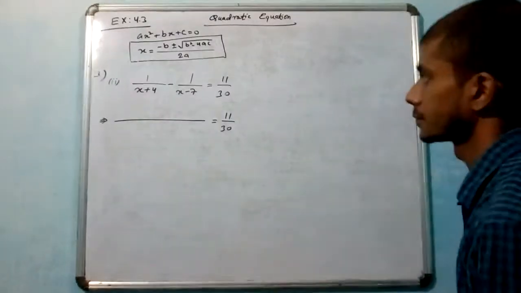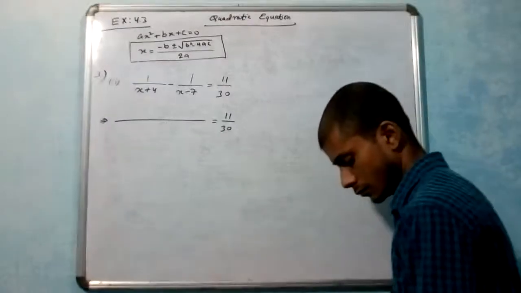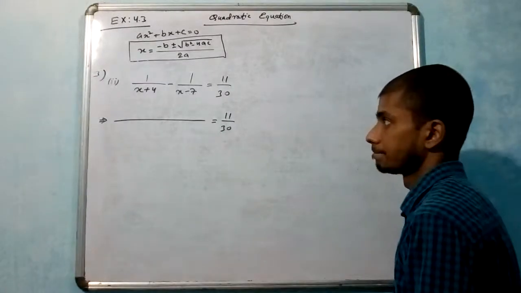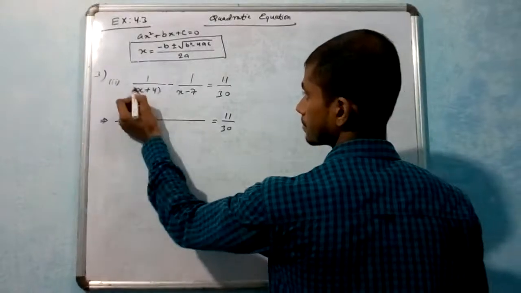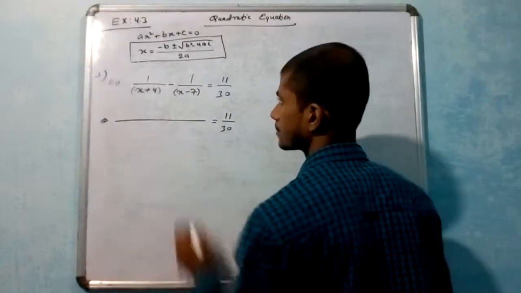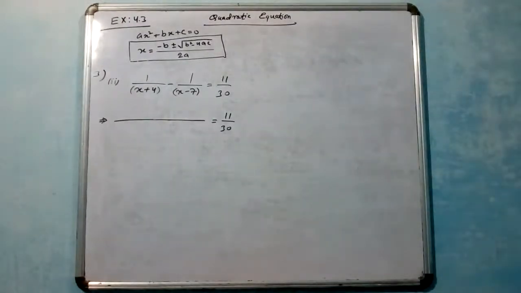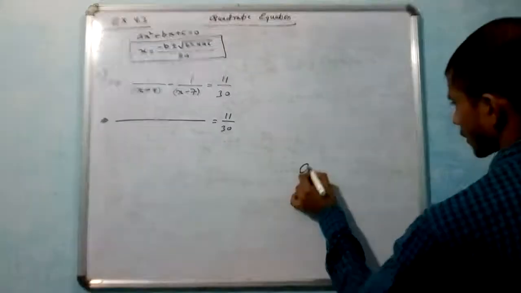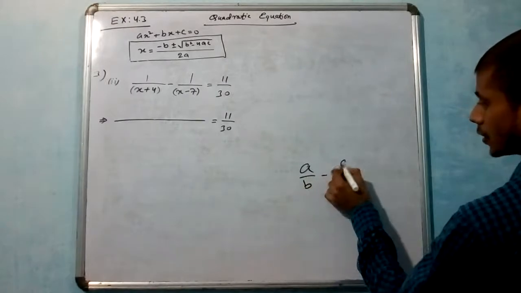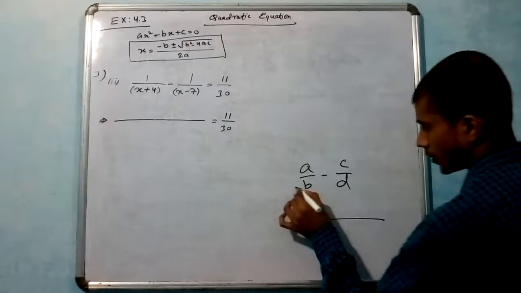Try. Once again, what should we do? We are taking the LCM for solving any fraction addition or subtraction. Any fraction, a by b minus c by d, what are we doing?